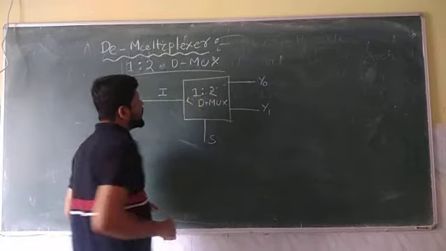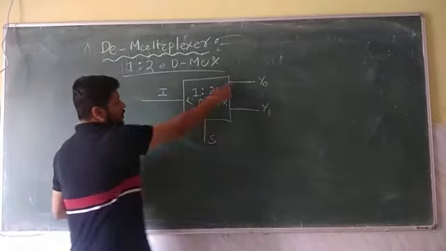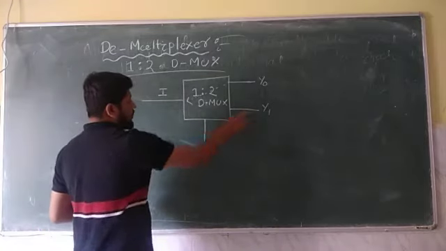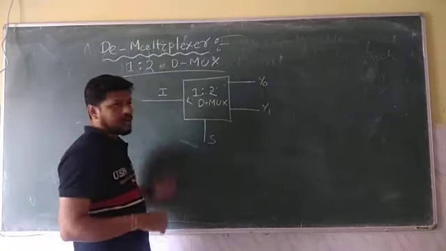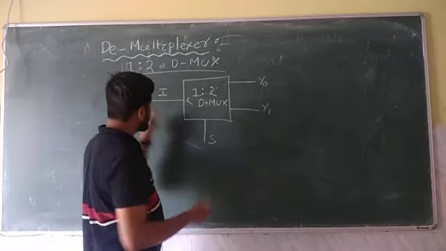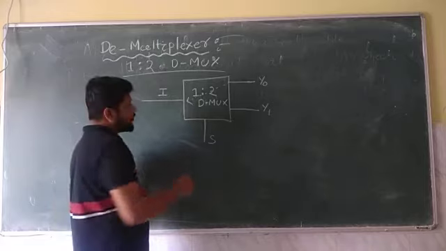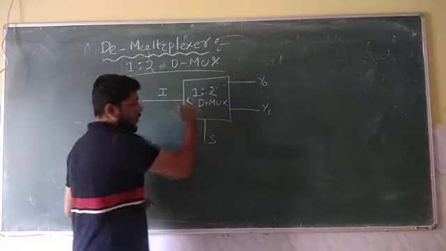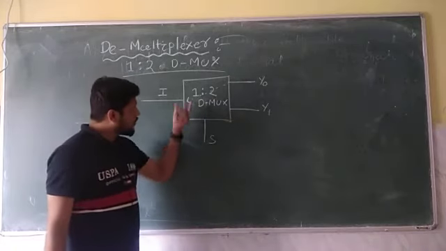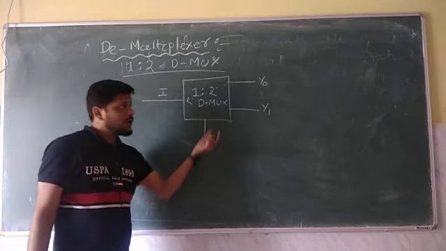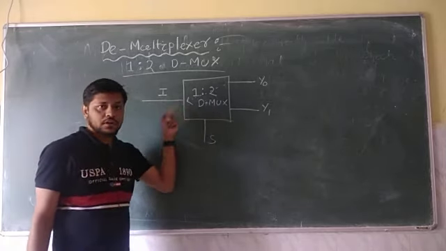So this is the switch. If Y0 is connected with I, then Y0 is equal to I. If Y1 is connected with I, then Y1 is equal to I. The information is the same. We give a single input here, but this switch decides which output is connected with the input, and the selection line decides that.